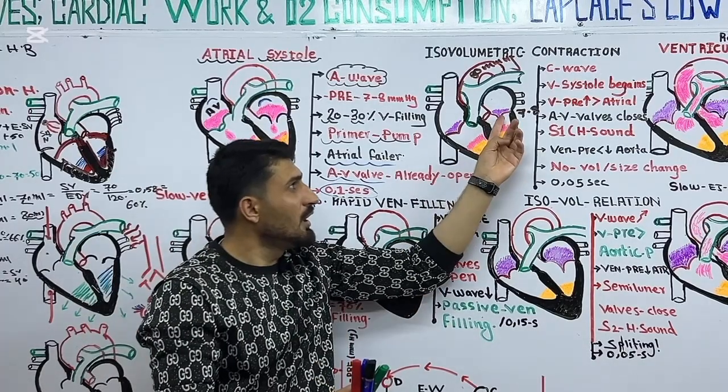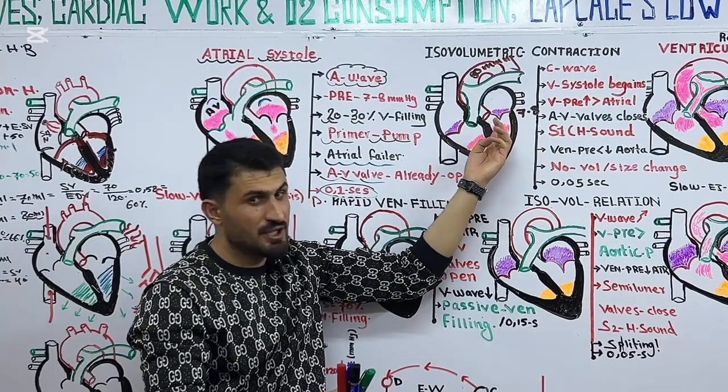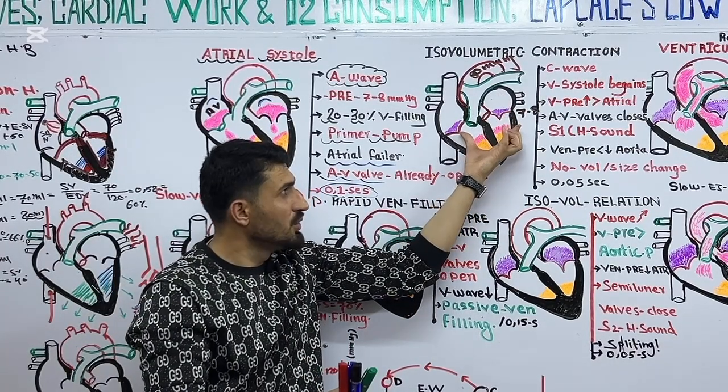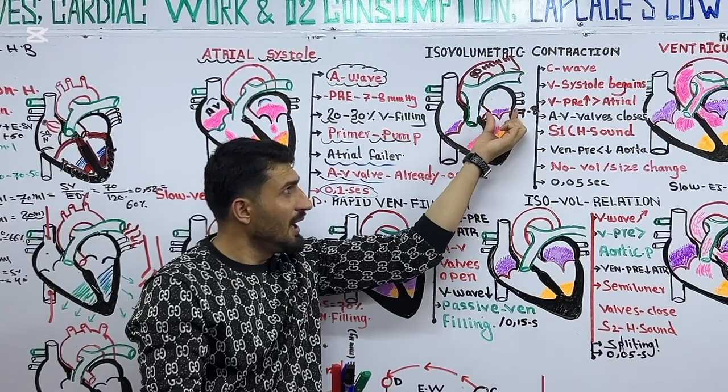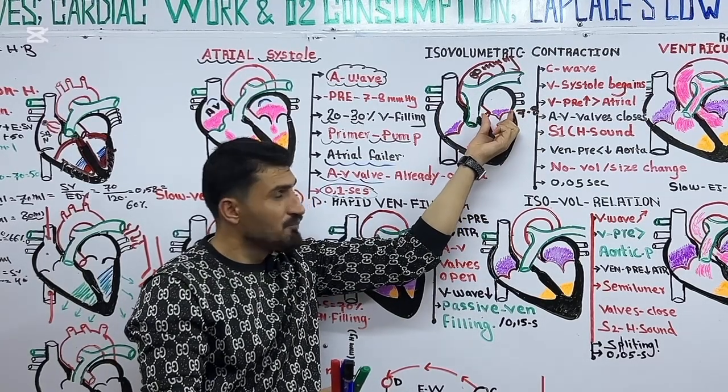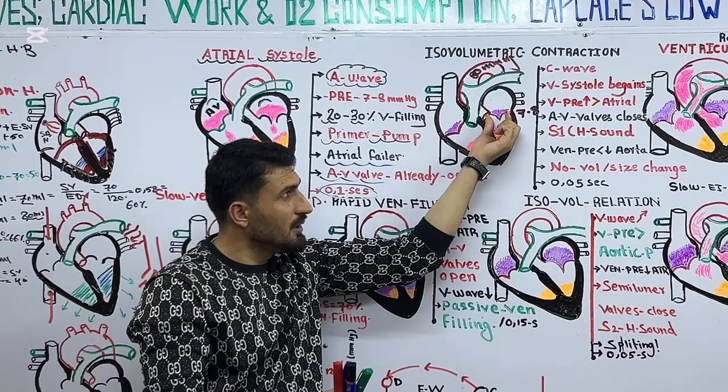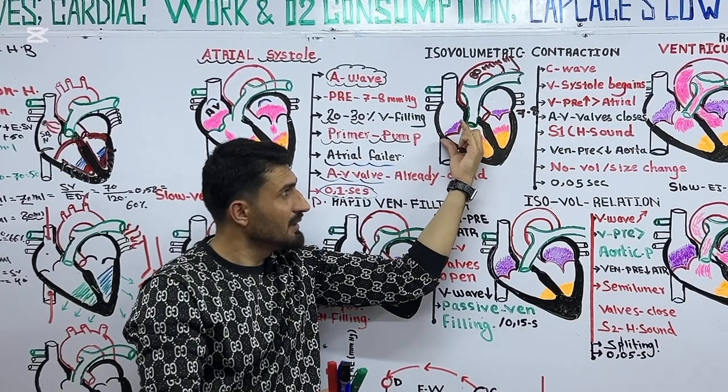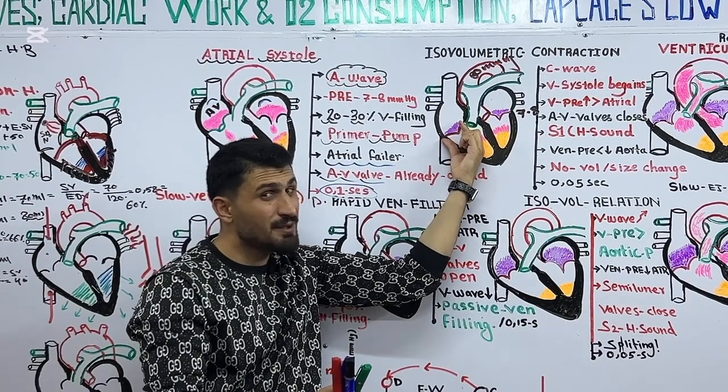So due to closing of AV valves, because here pressure is more than atria, on the left side the mitral valve closes, and here on the right side the tricuspid valve closes.